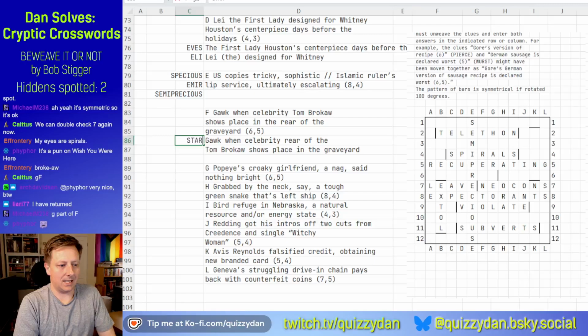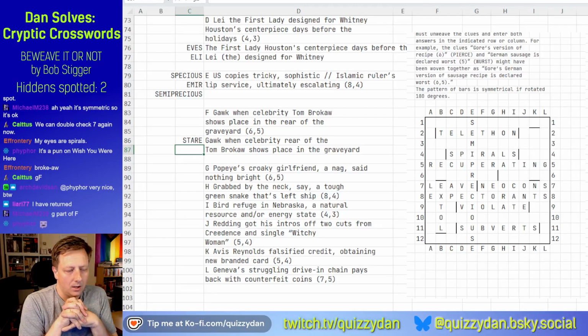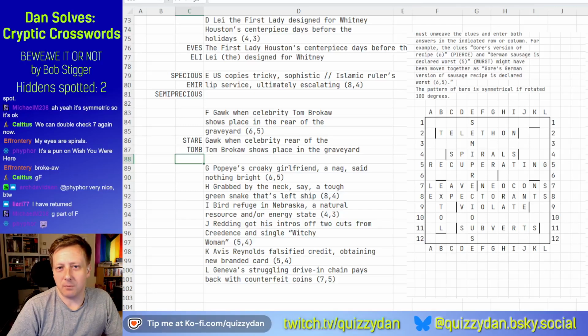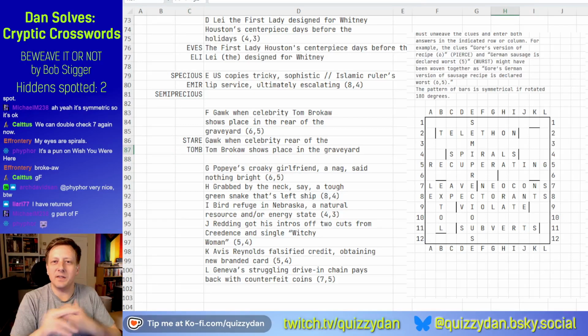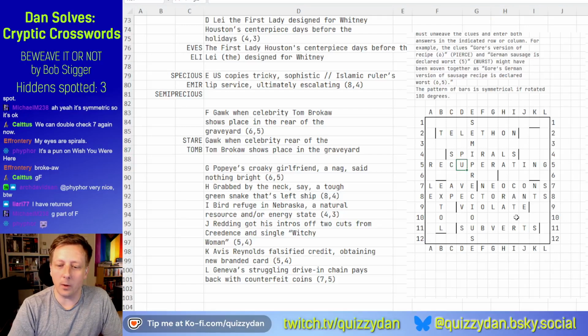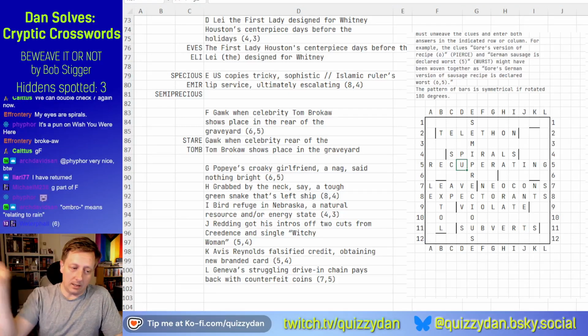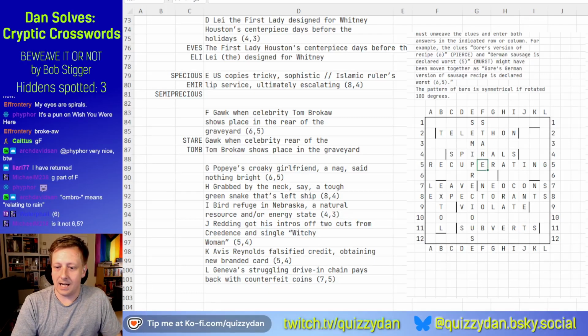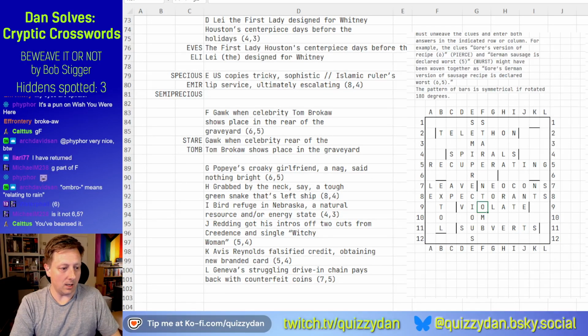Because that is going to be stare. And it's a tomb! I'm still going to give myself a +1 because I hadn't put it together. Now that I've seen the clue, I'm giving myself a +1, lending more credence to getting +2 for the other one. But place in the graveyard is a tomb, and it's in Tom Brokaw. So we have stare here and tomb.